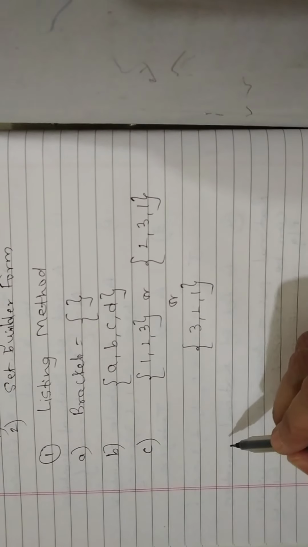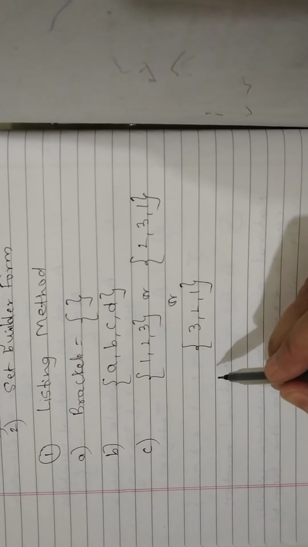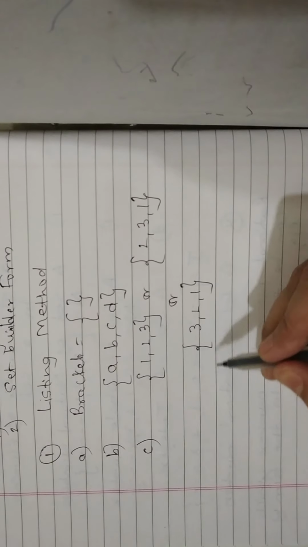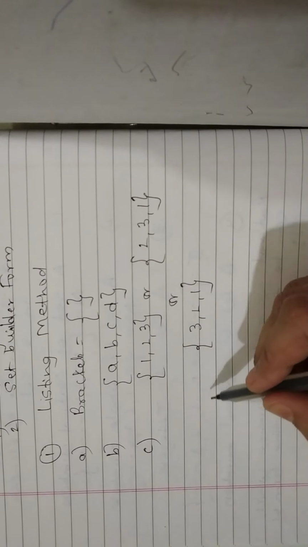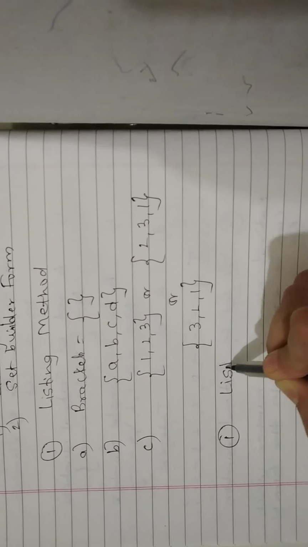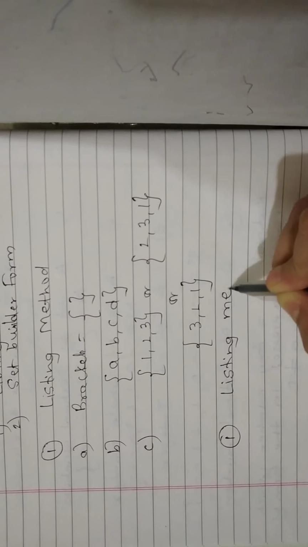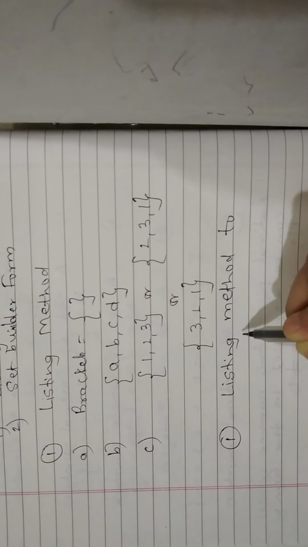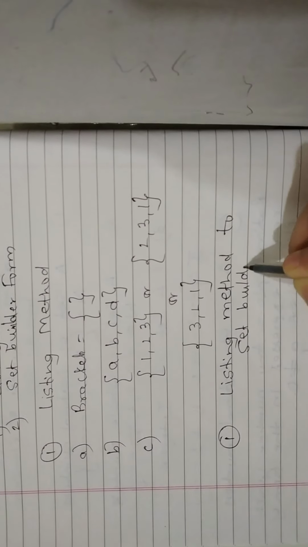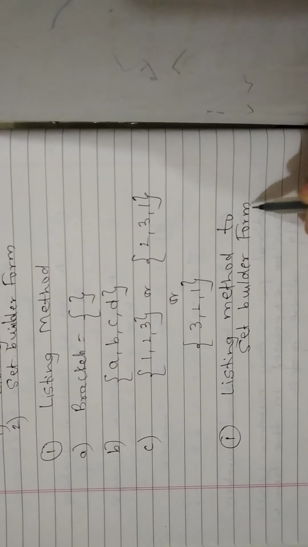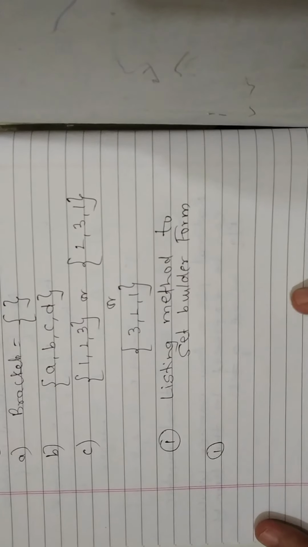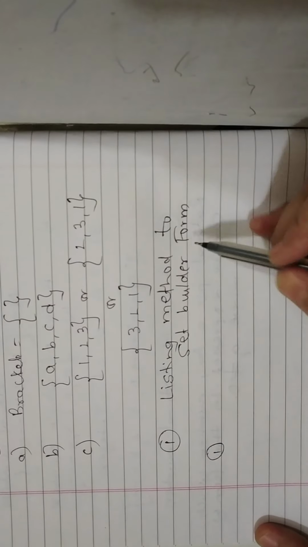This is listing method. So first thing we are going to do is convert listing method into rule method and rule method into listing method. First we are going to do listing method to rule method or set builder form. Anything you can use. We'll use set builder form. I'll teach you many problems. First, we'll see how to do listing method to set builder form.